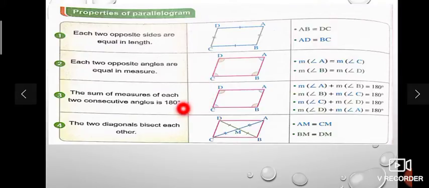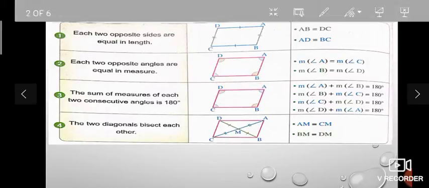Number 3, the sum of measures of each two consecutive angles is 180. Angle A plus angle B equal 180, or angle A plus angle D equal 180.